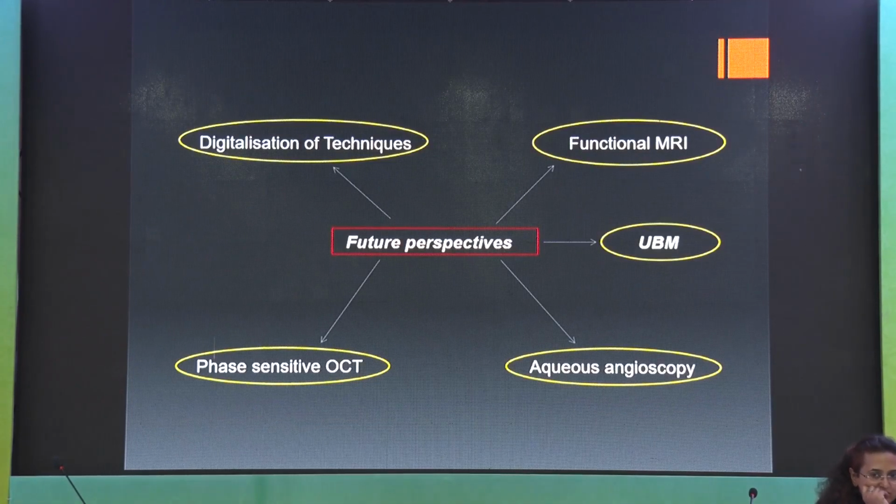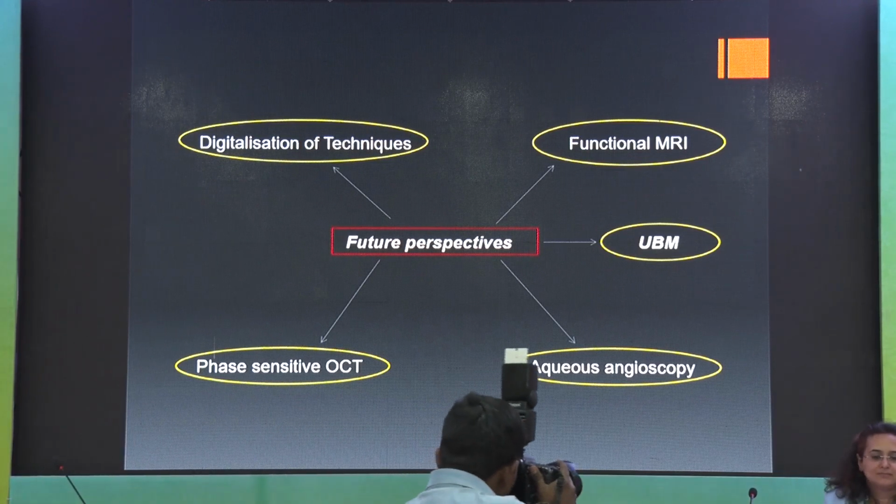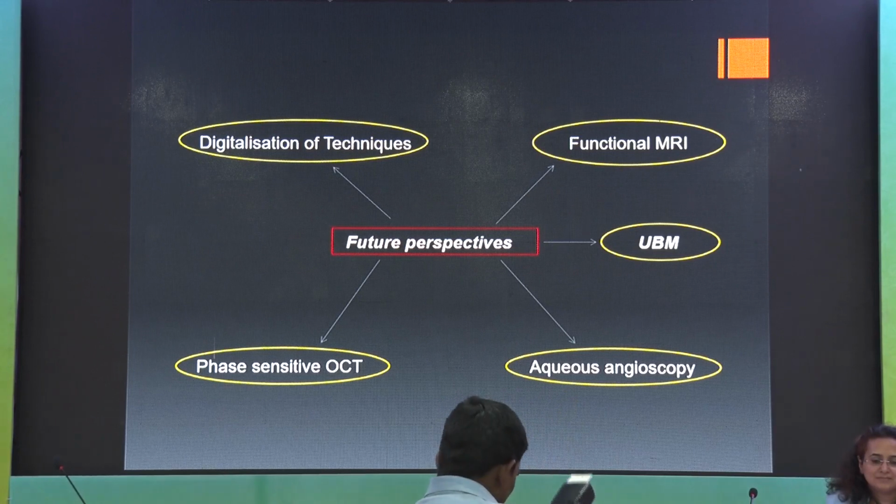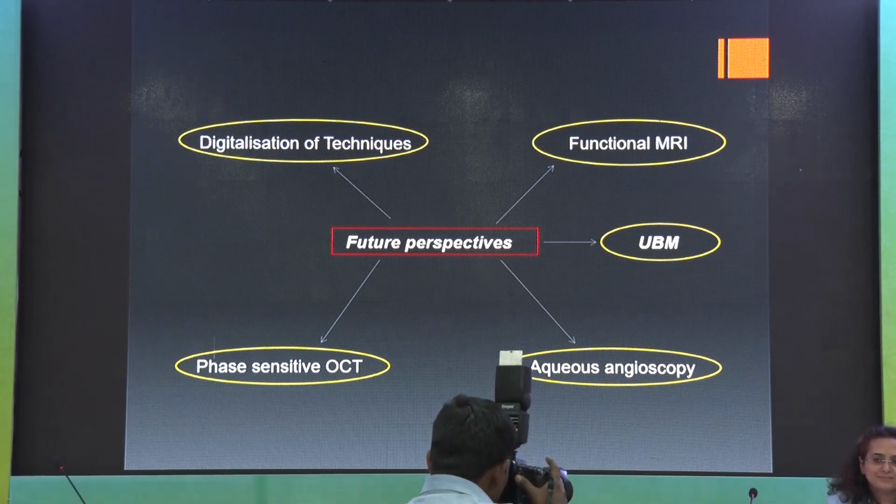Future perspectives: with better computer software and better algorithms, we are able to refine our techniques. Functional MRI has been postulated to help us find out optical densities of different tissues and maybe find out real flow imaging, and UBM is being developed to calculate ciliary body volumes.